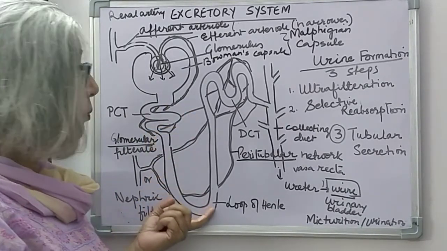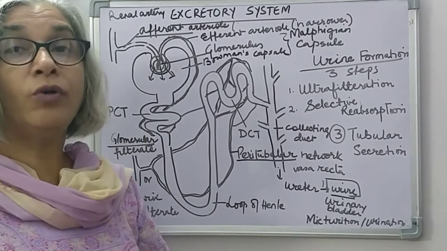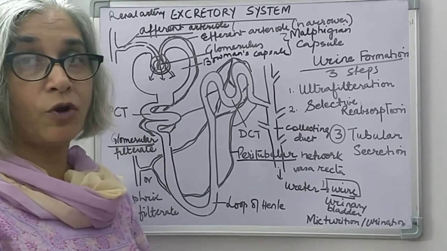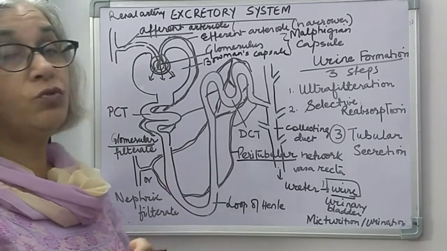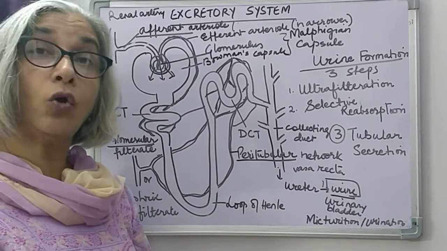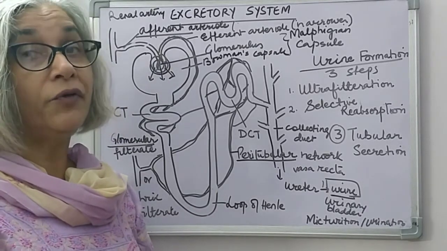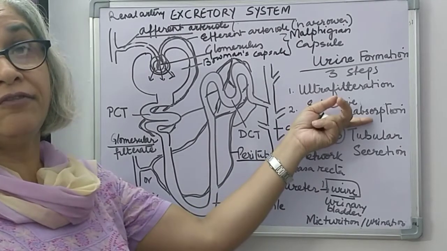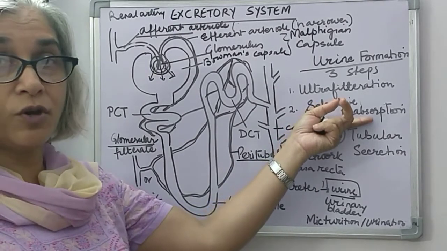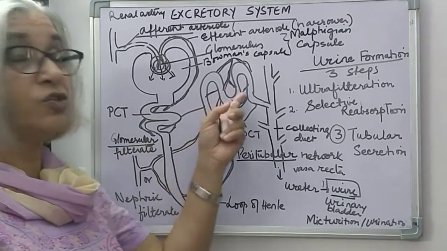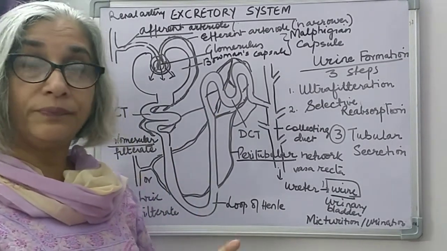Then in the loop of Henle, some more water and sodium ions will be reabsorbed. Then finally coming to the DCT region, some water and chloride ions will be reabsorbed. So this is the second step, selective reabsorption from the glomerular filtrate in the three regions of the nephric tubule.